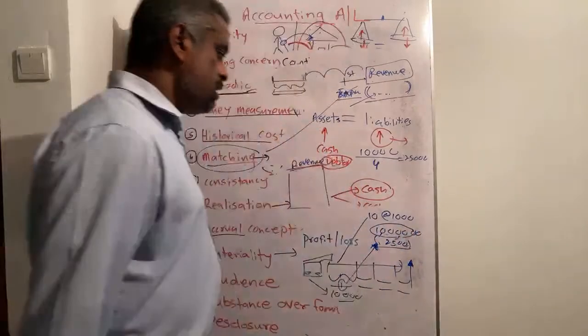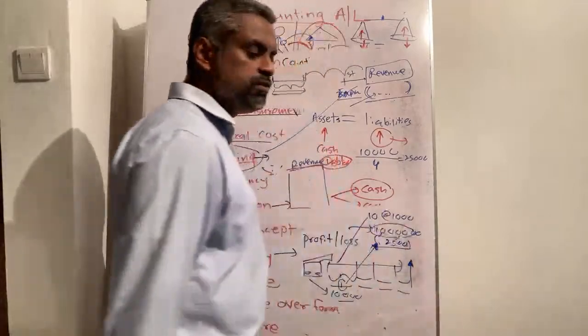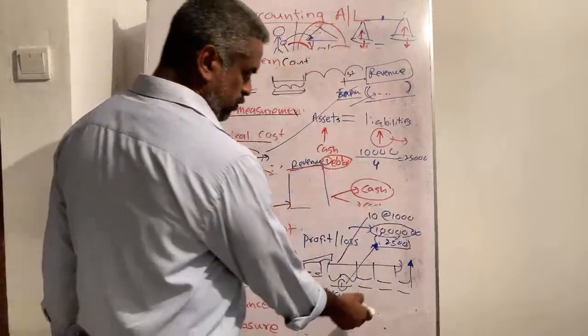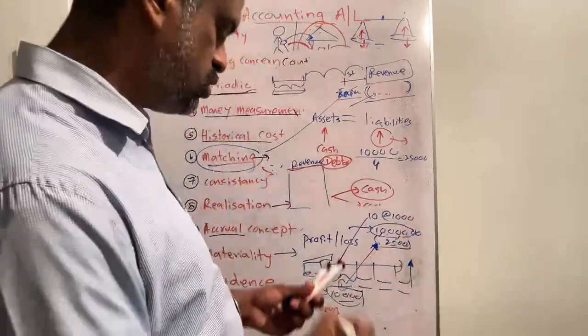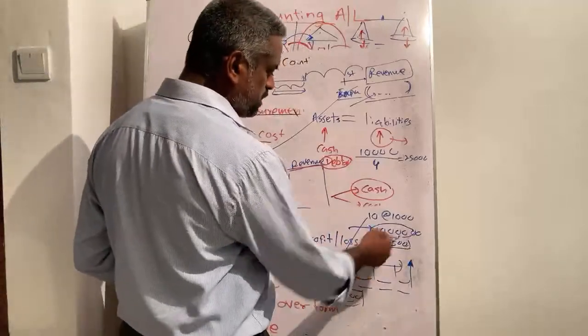You have earned 1 million revenue for the first year. But for that revenue, you have used a 10,000 puncher that you purchased. This is not material compared to your revenue.